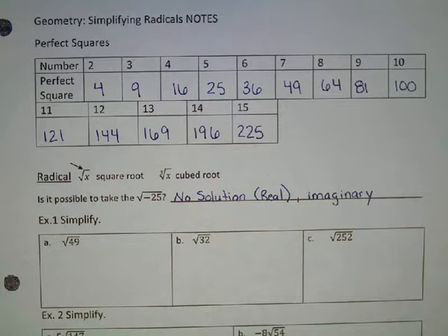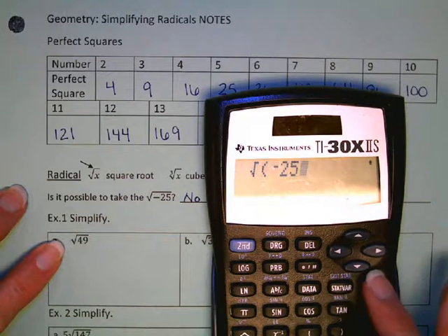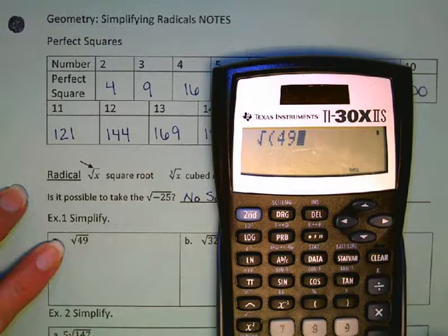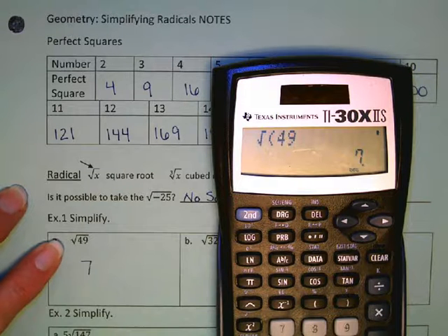So the square root of 49, if you type that in your calculator, you get 7. That means 49 is a perfect square. Technically, if you took 7 times 7, you get 49, but if you also took negative 7 times negative 7, you would get 49.